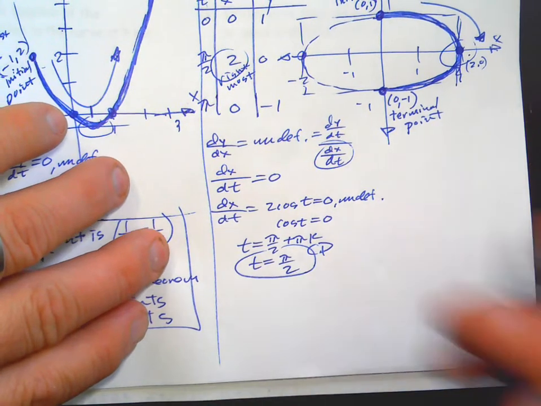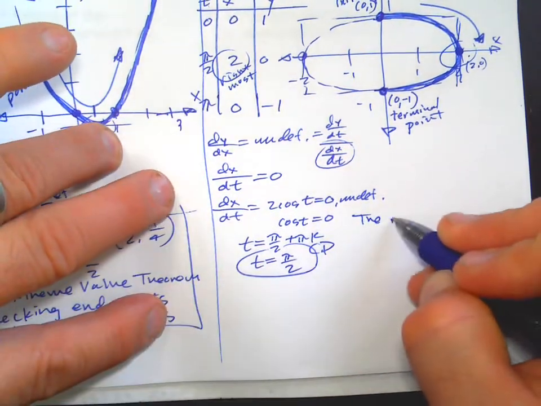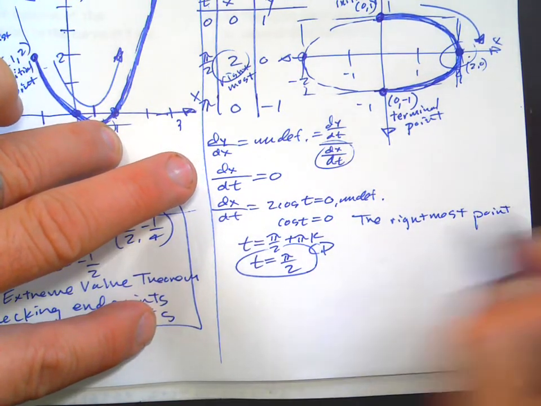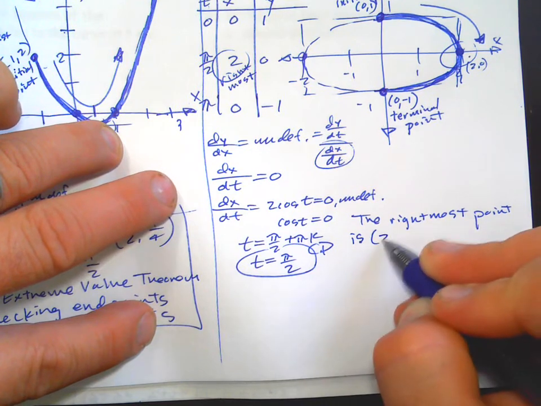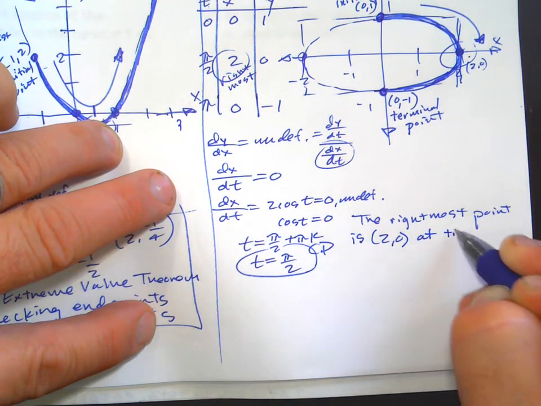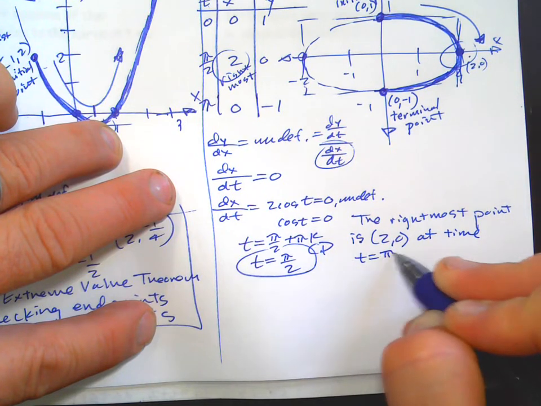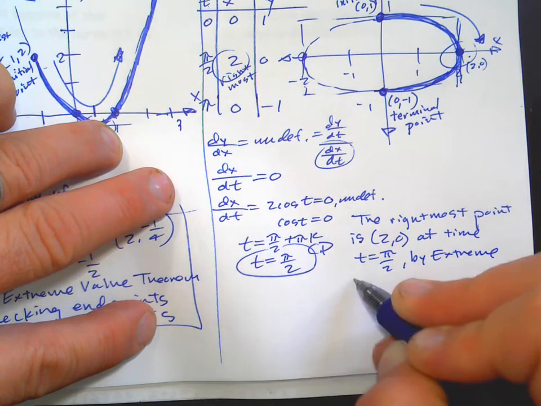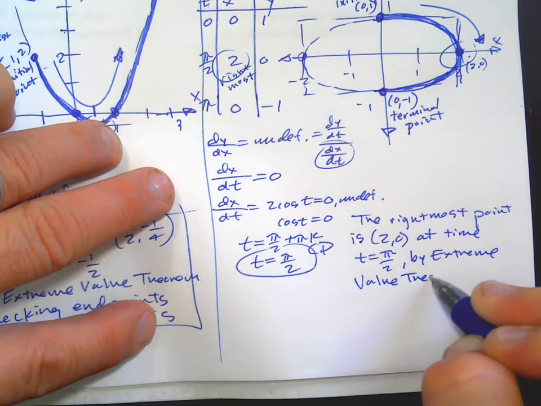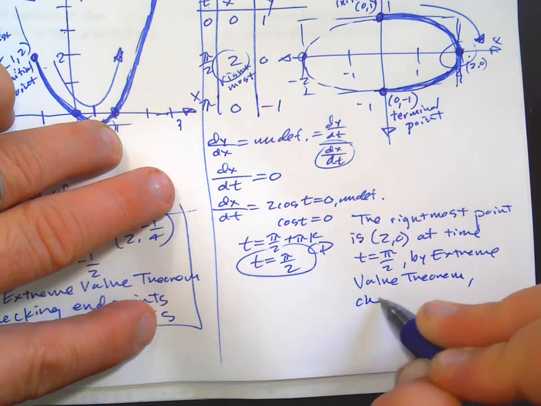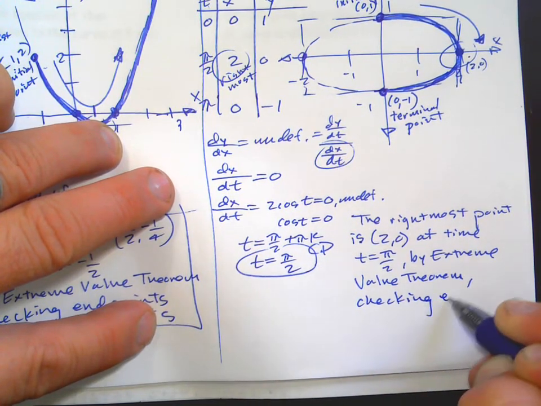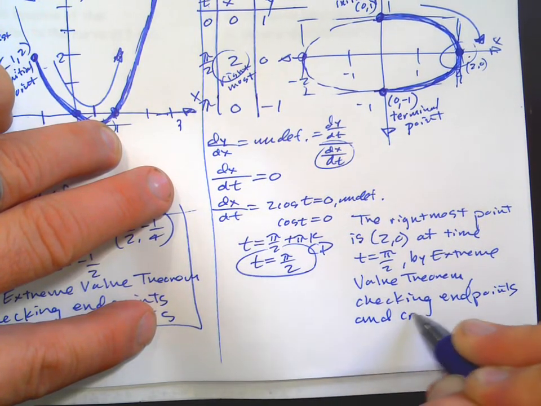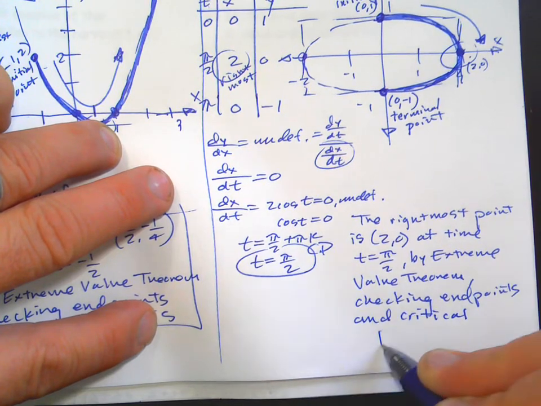So we're going to say the rightmost point is (2, 0) at time t equals pi over 2, by extreme value theorem, checking endpoints and critical points.